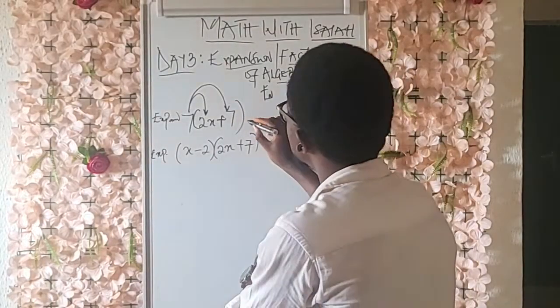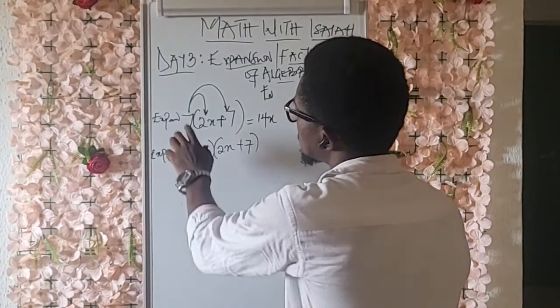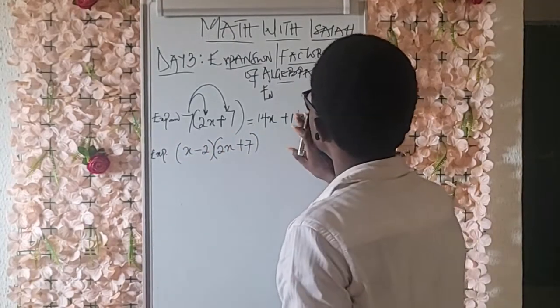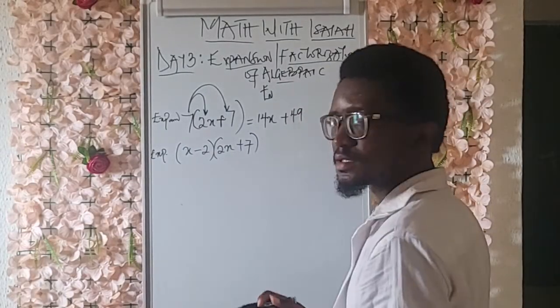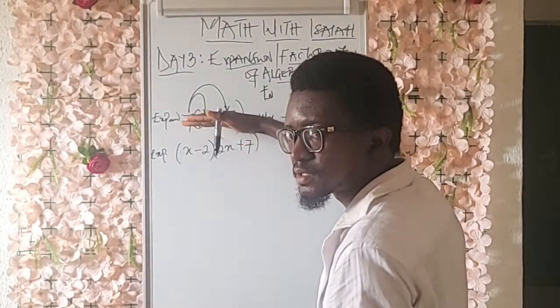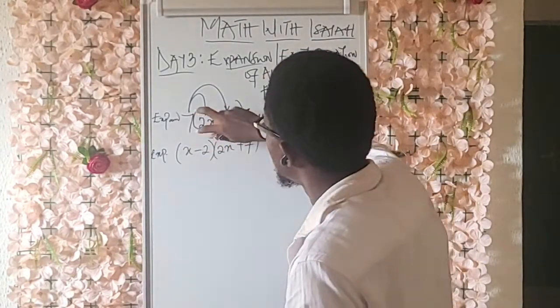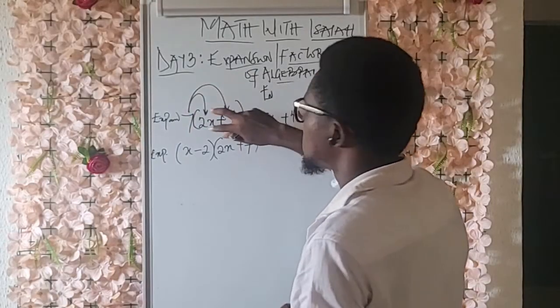So you'll be having 7 times 2x, you have 14x, 7 times 7, sorry, 49, mistake. Now, that's how you expand something like this. If you have just one figure on the outside, then you have to multiply that figure by this, right? Individually, you multiply them.